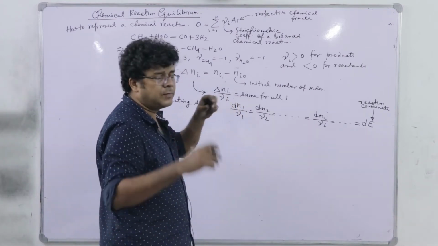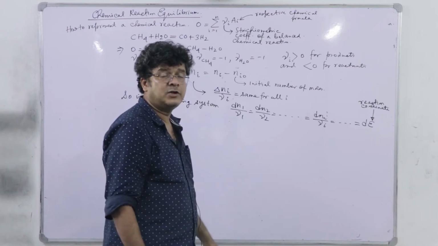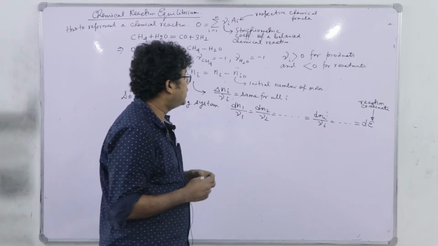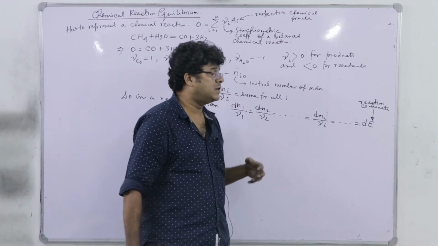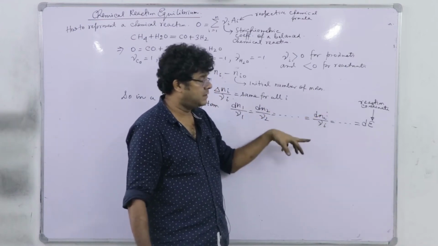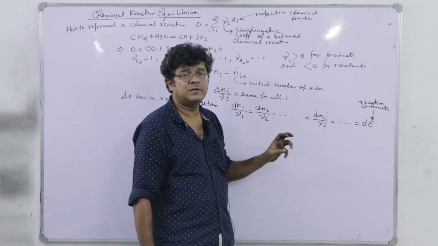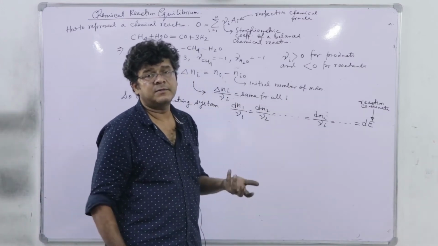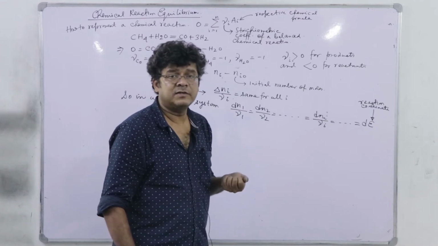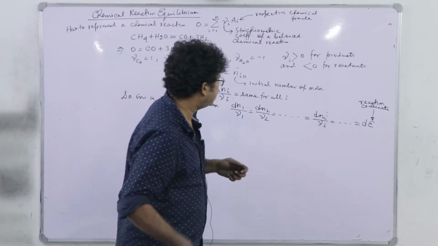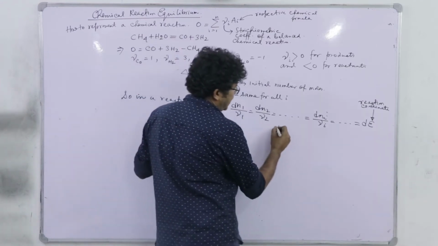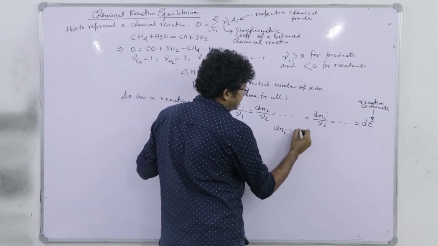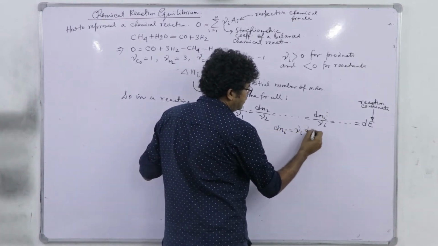We could have written it in terms of N1 or N2 or Ni, but those are dependent on species. Once we divide the change by the respective stoichiometric coefficient, we get d epsilon, a universal reaction coordinate. So, we have dNi equals nu i times d epsilon.